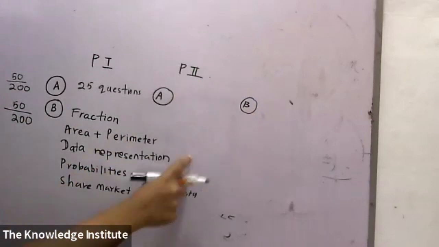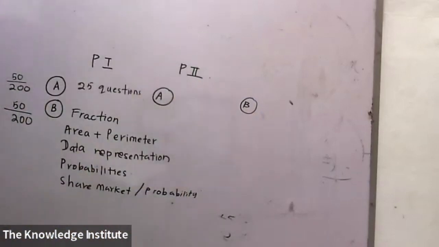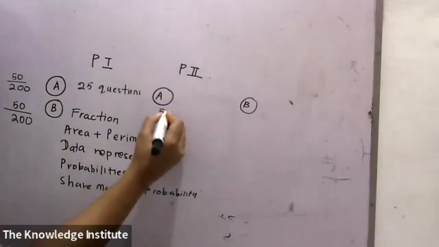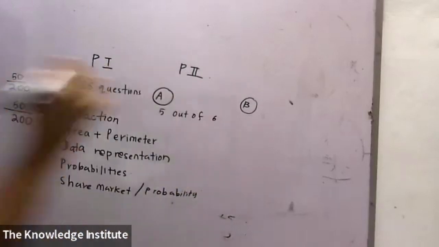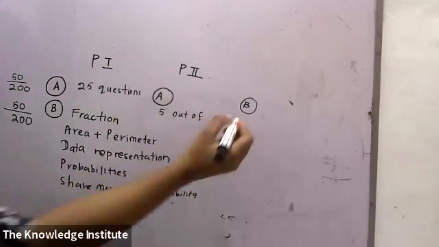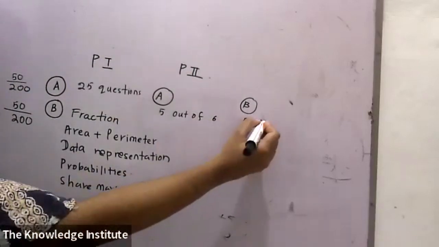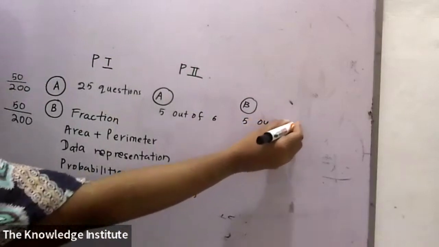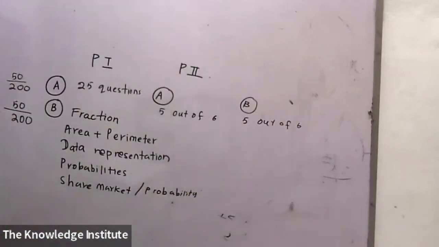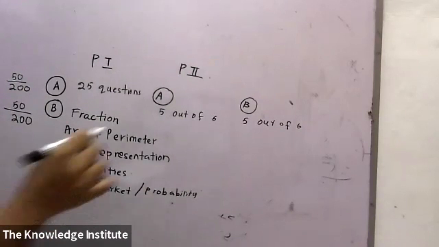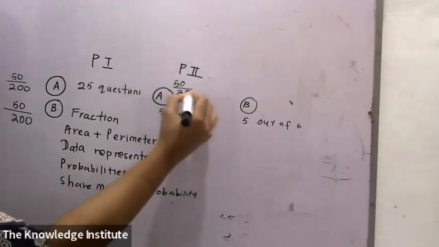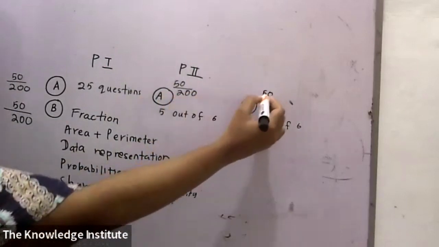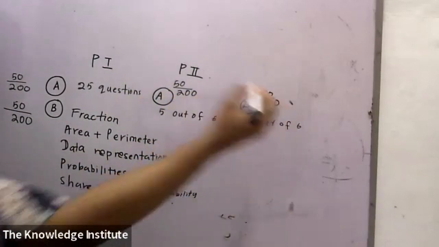Out of 6 questions, you must select 5 questions. So you have to do 5 out of 6. And again in part B also, you have to select 5 out of 6. Did you understand that? So again you will get 50 marks for this out of 200, and for part B you're going to get 50 out of 200.